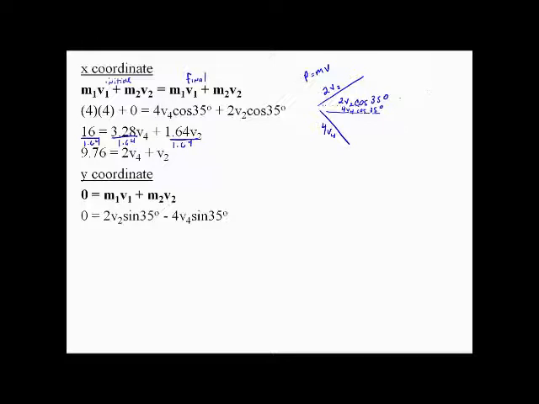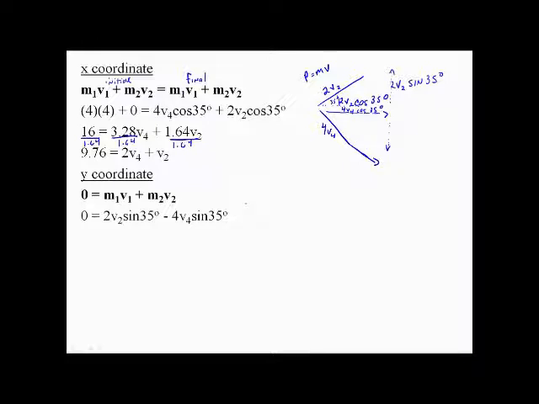So instead of using cosines, we're going to be using sines because we're going to be finding the opposite side of the triangle, the side that's opposite the angle. So this will be, for example, 2v2, this is the momentum, sine of 35 degrees. An important thing to remember about the 4 is it's going to the right, but down. It's going over and down. That's why that's negative.